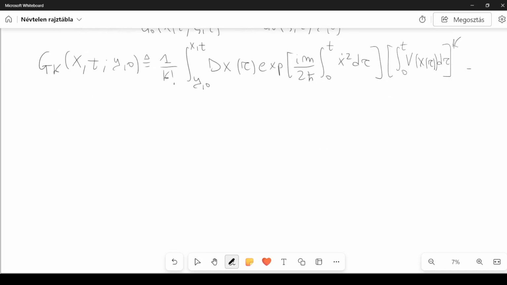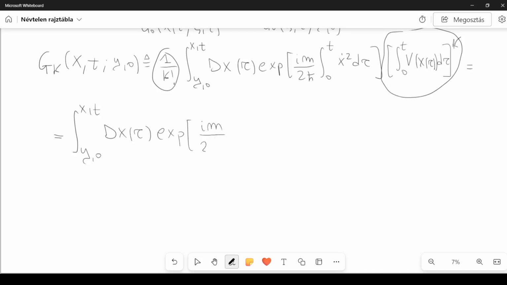In particular, this formula here can also be rewritten in the following fashion, and I will give you some more information about what I'm doing here. This integral, together with the factorial, can be combined so as to rewrite the formula like this. We have an integral from y0 to xt, dx of tau, exponential of i m over 2 h bar integral from 0 to t x dot squared d tau.